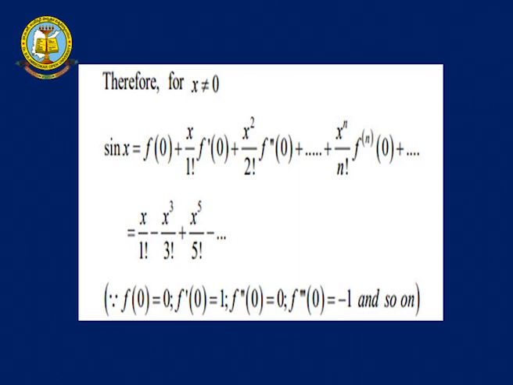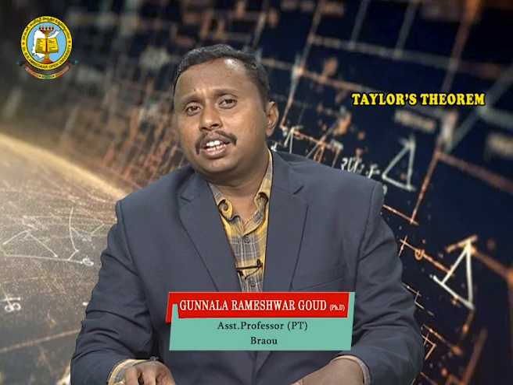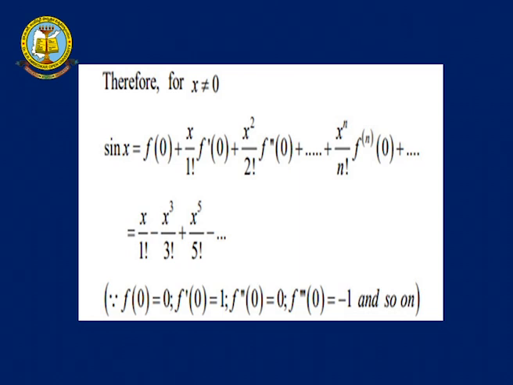Now we get x by 1 factorial minus x cube by 3 factorial plus x power 5 by 5 factorial. Why? Because the second derivative goes to 0, since sin 180 is equal to 0. Therefore x square by 2 factorial is not there; it comes from the second derivative of sin x, which is 0 at the point x equal to 0.